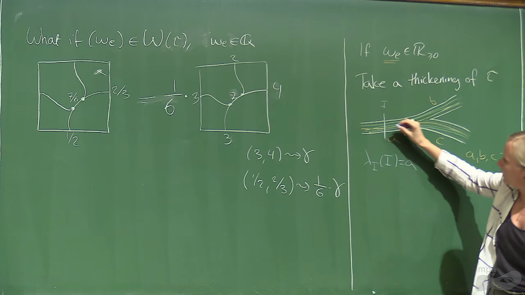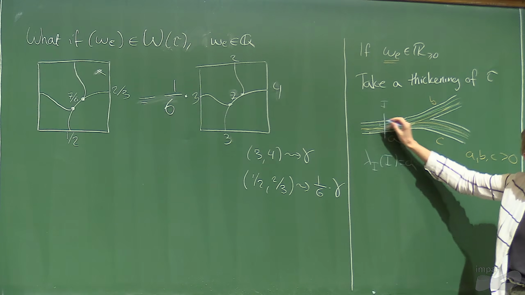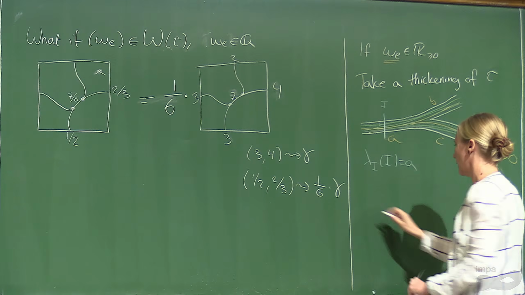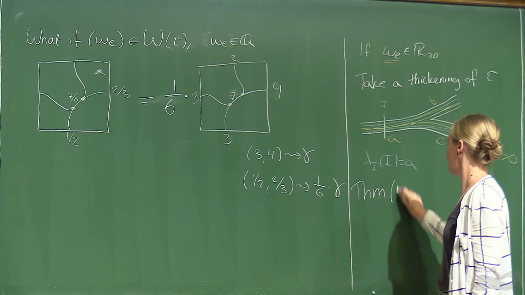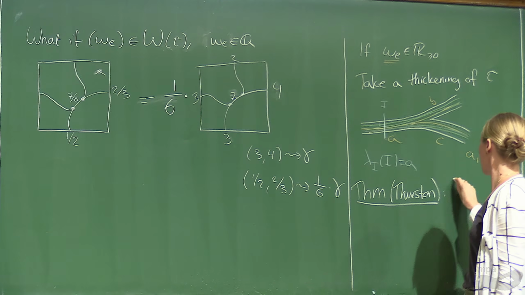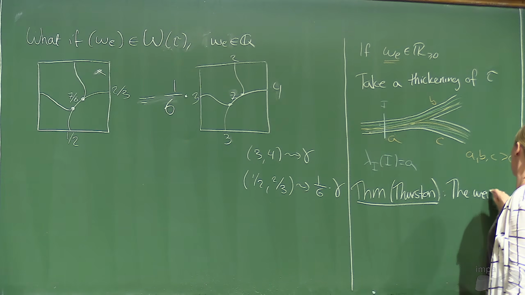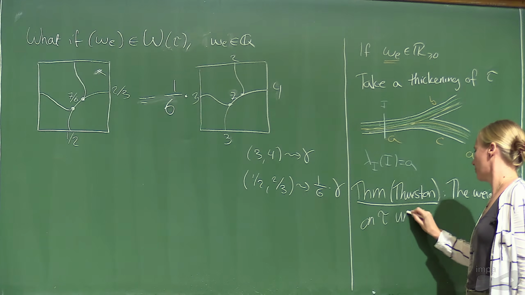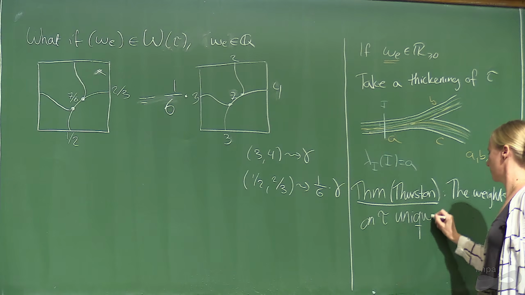However, it doesn't tell me what I should assign to this little arc in there. But it's a theorem due to Thurston that the weights on tau uniquely determine a transverse measure.